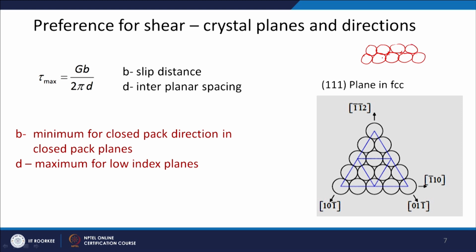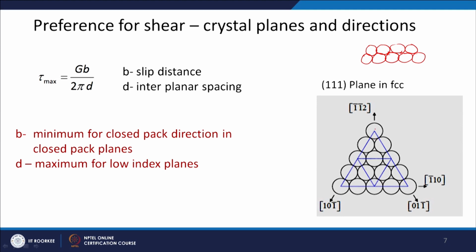You cannot get better packing than this, and that is the packing you see in the 111 plane of FCC arrangement. In this 110 type of direction of FCC, you have minimum distance between the atoms.